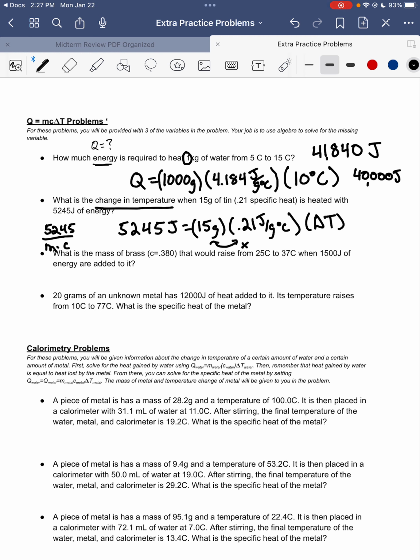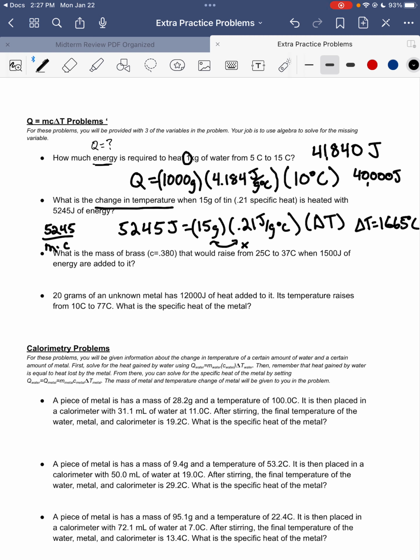And that gives me a delta T of 1,665 degrees Celsius. Now, this is a big number. It's probably not so realistic that your numbers would be as high as this, but if they are, we can be confident in our answers, and that's okay.